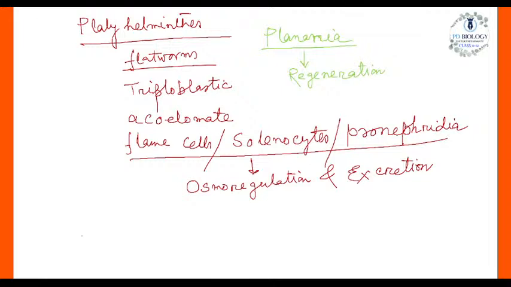The best examples in this group are the tapeworm, Taenia solium, and the liver fluke, Fasciola hepatica.